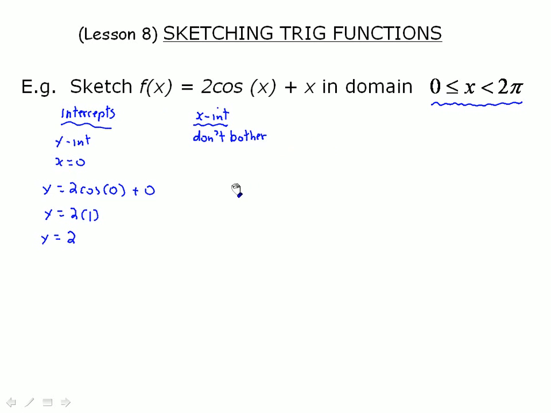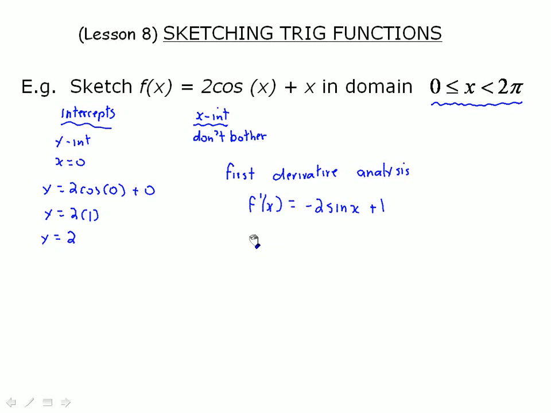Then we go on and work out the first and second derivative analysis. First derivative analysis. f prime of x is equal to negative 2 sine x plus 1.